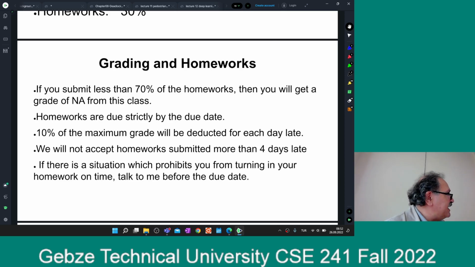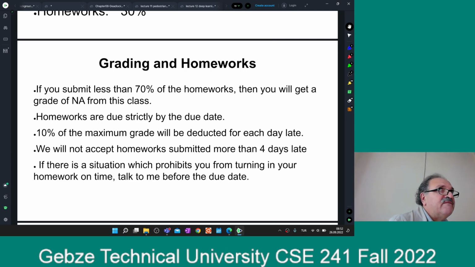So if you are 1 day late, your homework will be graded out of 90. If you are 2 days late, then it will be 80, etc. After 4 days, we will not accept any homeworks. It will be enforced by the Teams pages. I will set up those dates when I assign the homeworks, and after that, there is no homework submission.